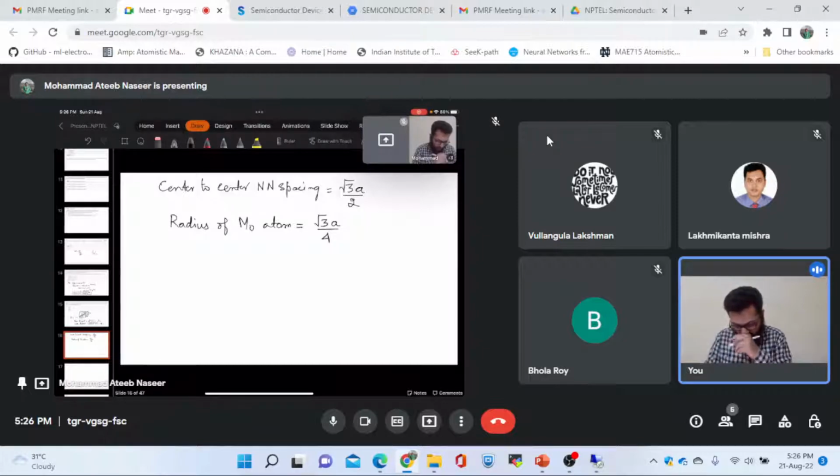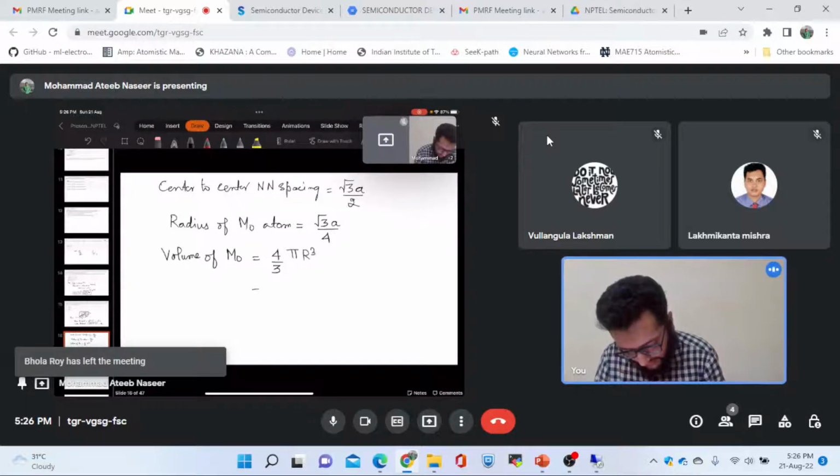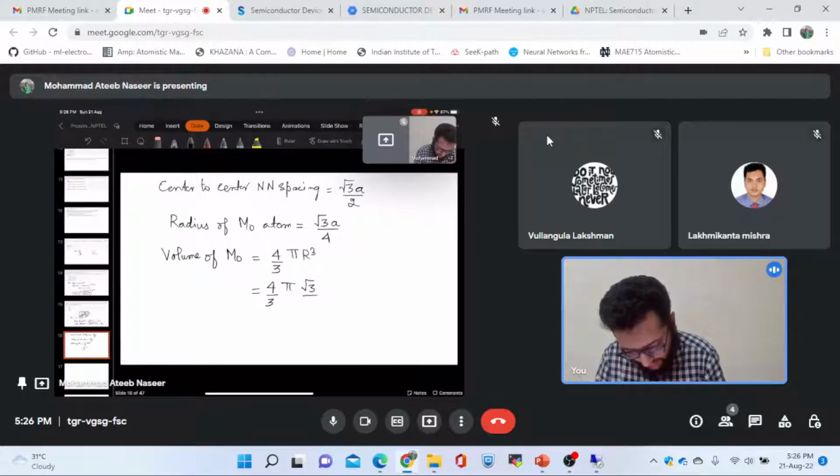Now we will find the volume of this Mo. So the volume of Mo will simply be given by 4 by 3 pi r cube, and it will be given by 4 by 3 pi times root 3 a by 4 cube.